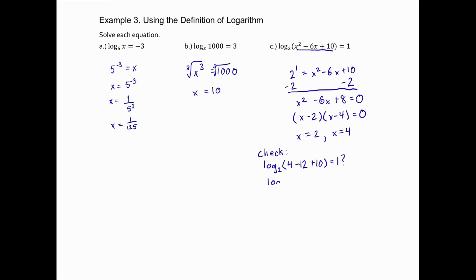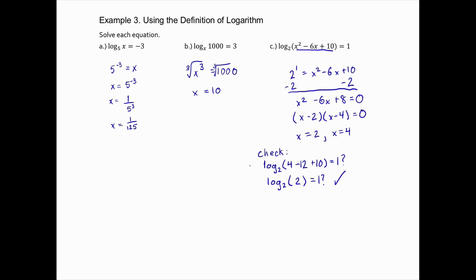Simplifying this, 4 minus 12 is minus 8, add 10 is 2, so log base 2 of 2, and is that equal to 1? Not quite sure yet. Again, we can convert it to its exponential form and check it, and we would find that this does check out. But we'll get some better properties to simplify this on the next page.